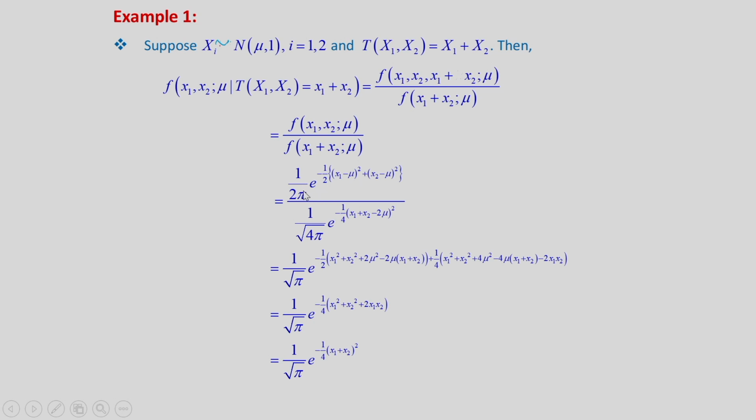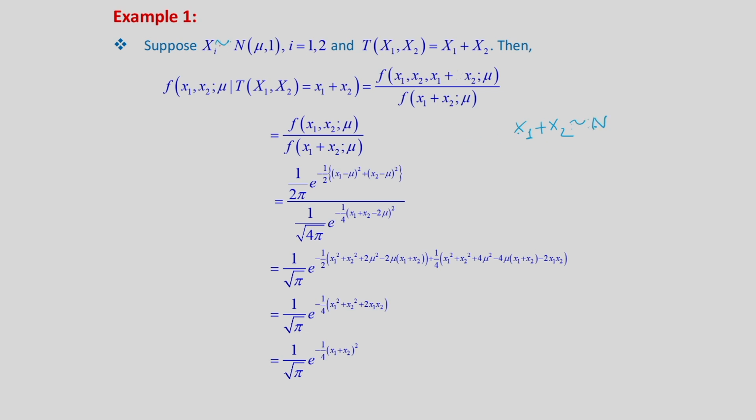So, 1 by 2 pi into e to the power minus half of x1 minus mu whole square plus x2 minus mu whole square. This is the joint PDF divided by the marginal PDF, that is the PDF of x1 plus x2. Now, I know that x1 is normally distributed with mean mu and variance 1, and x2 is also normally distributed with mean mu and variance 1. Therefore, x1 plus x2 will be distributed as normal.